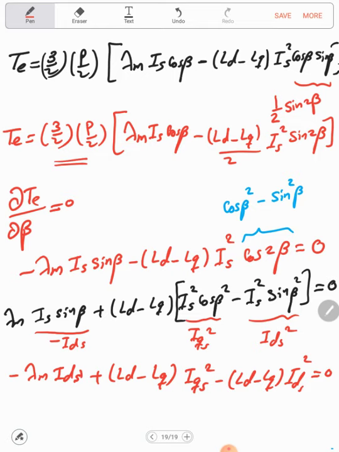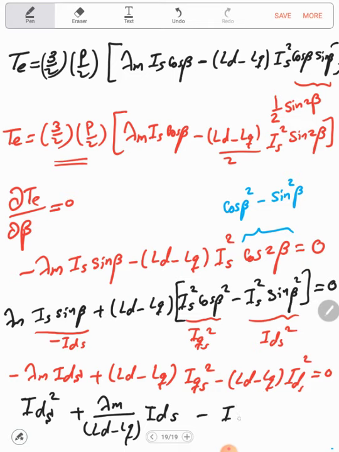So I can multiply also by minus here because I need to solve with respect to the IDS, and I can also divide over LD minus LQ. So for that we will get IDS square plus lambda m over LD minus LQ IDS minus IQS square is equal to 0.